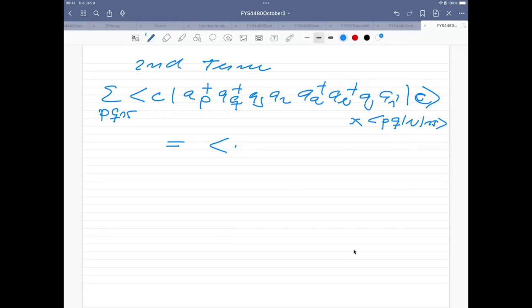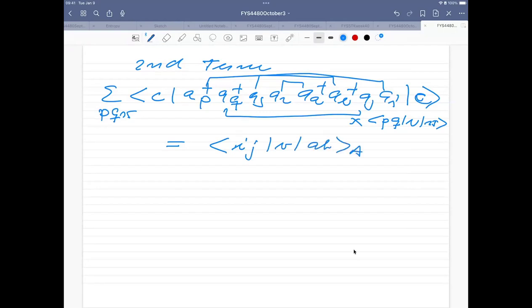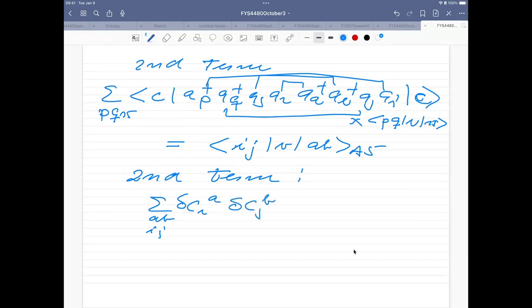So one of the possible contractions is this one, and there are going to be 4 in total which are non-zero. So this contraction here is going to give us, when we now use anti-symmetrized matrix elements, IJ, V, AB anti-symmetrized. So my second term is simply now given by the sum over AB, IJ, CIA, delta CJB multiplied with this specific matrix element.